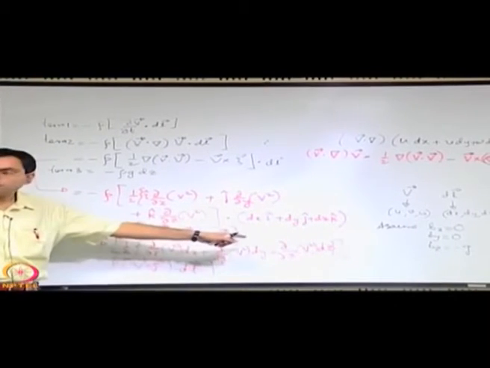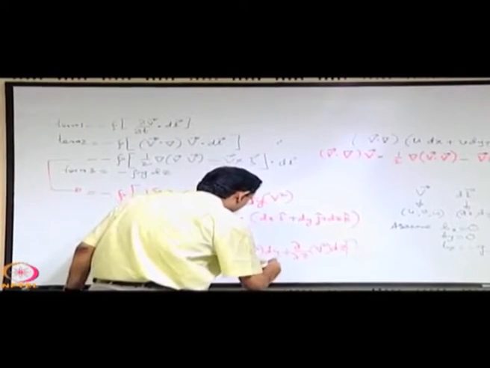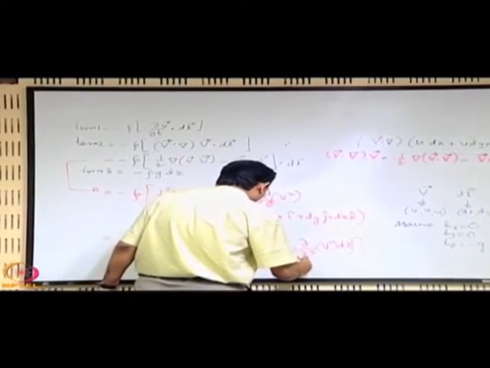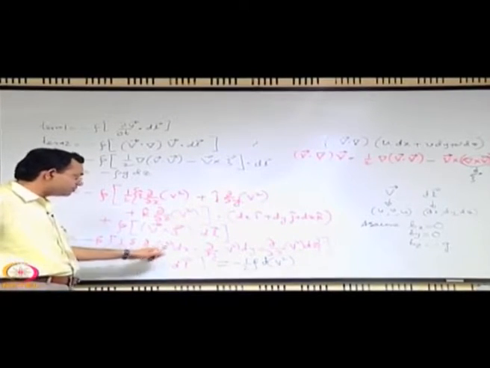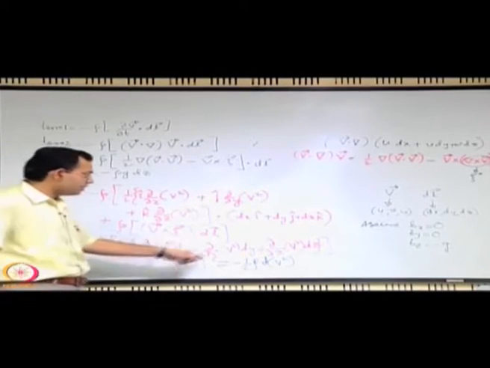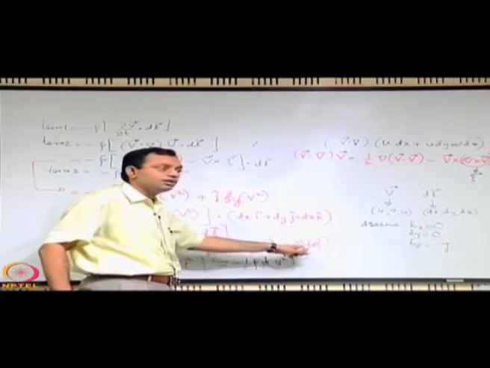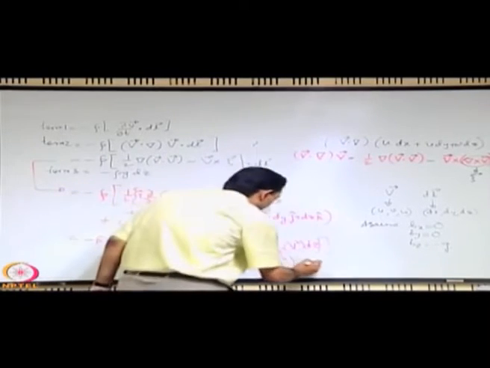The sum of the 3 partial derivatives will give the total one. So, this will become at the end the simplified form minus half rho d of V square. So, this is not d dx, just the total d. This is partial derivative with respect to x into dx, this is partial derivative with respect to y into dy, and that with respect to z into dz. So, that is giving the total d, plus whatever term is remaining.